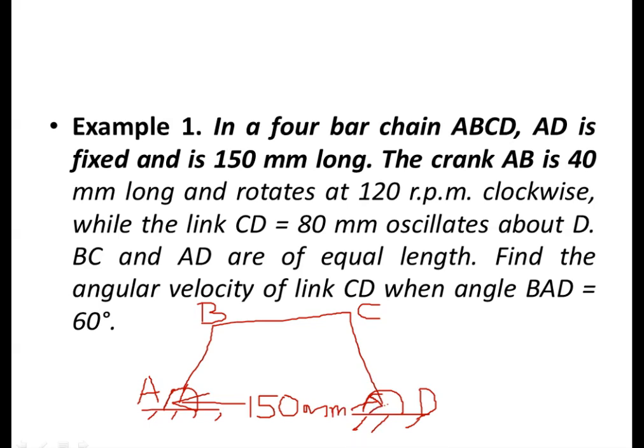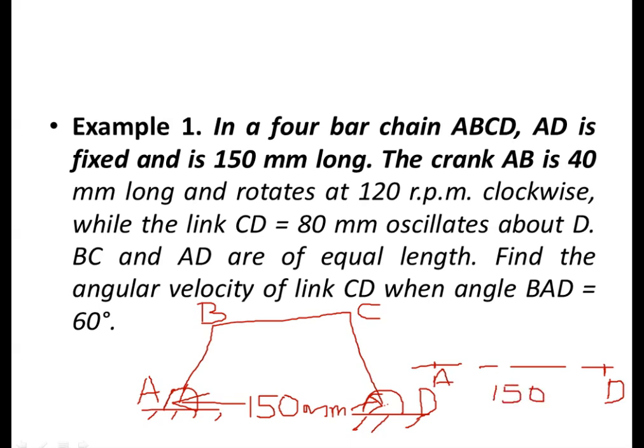So take one line there, 150 mm length, just a basic construction line like this. Okay, take 150, in that you mark the point A and mark the point here as point D. So this distance will be 150 from A to D.